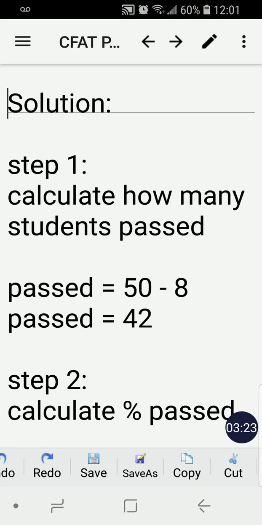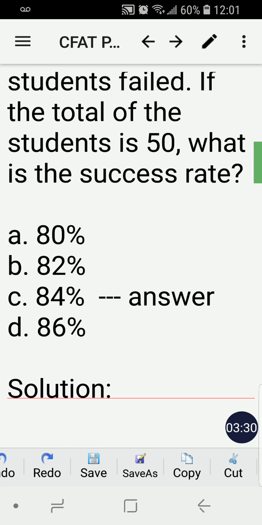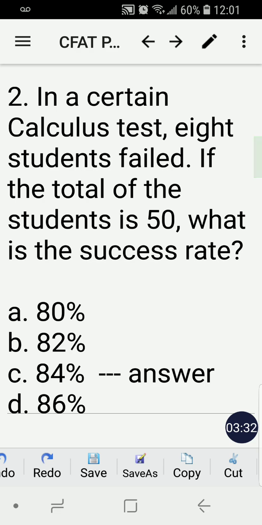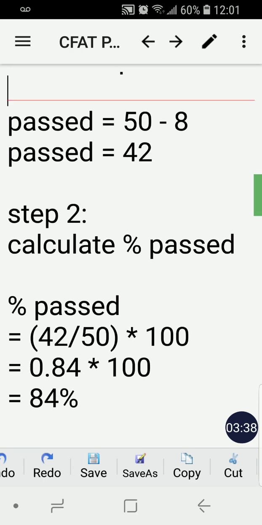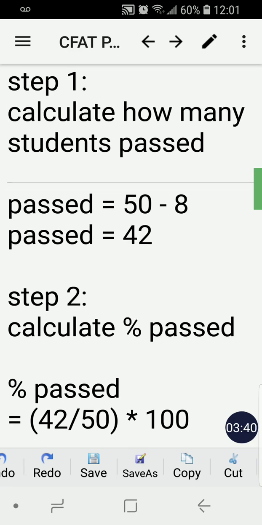Step number 1 is to calculate how many students passed. So we were given the total number of students, which is 50, and there are 8 failures. So we calculate the number of students that passed. 50 minus 8, we get 42.